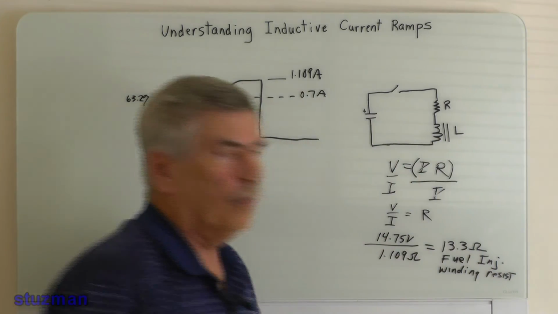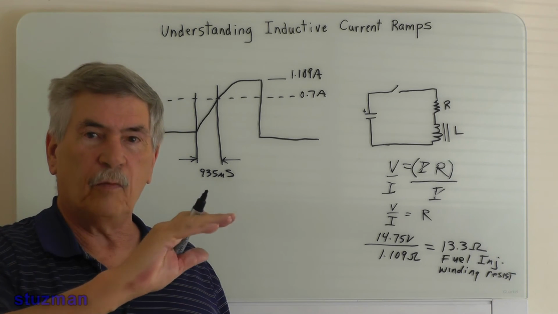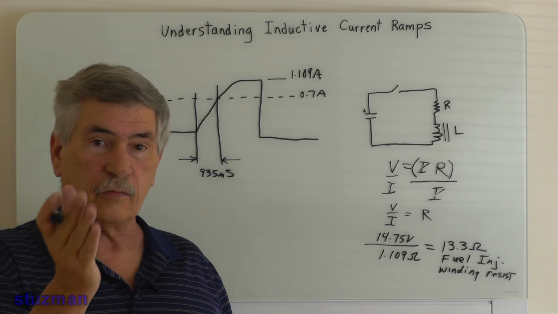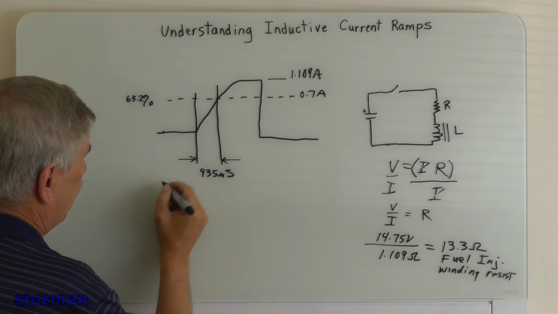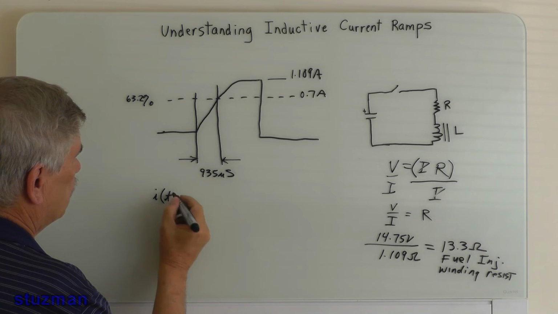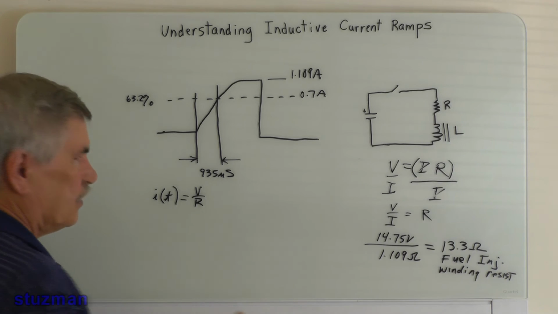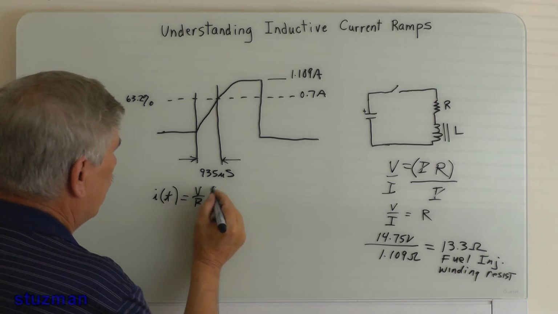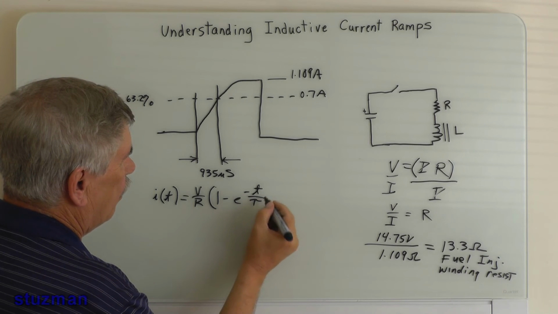Now, do you remember the equation we use when we want to know what the current is at whatever time? We use the equation we had a little earlier in the video: I as a function of time is equal to V divided by R, that is our max current, times 1 minus e to the minus t divided by tau.